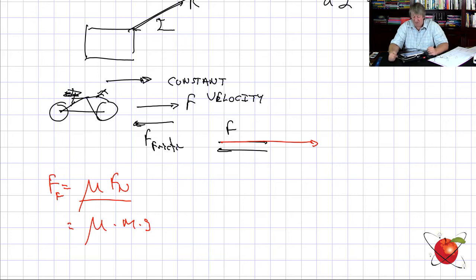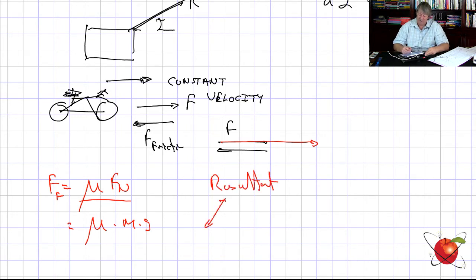Now, what is happening here is that I've got an unbalanced force. Remember? Unbalanced force, resultant, F net, same thing. For what we're talking about now, F net is my net force, or unbalanced force.